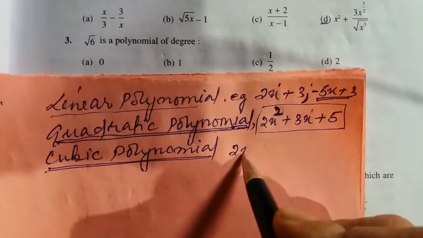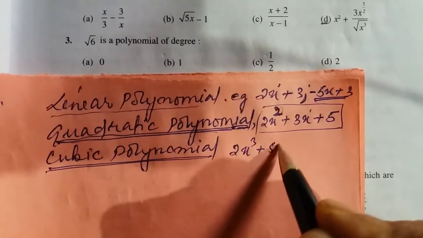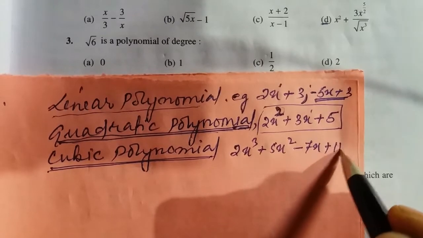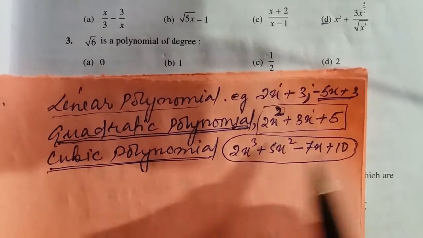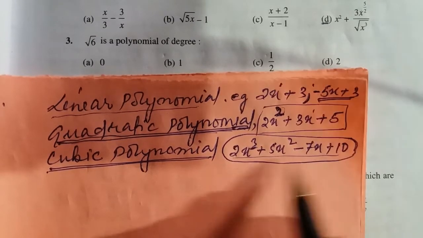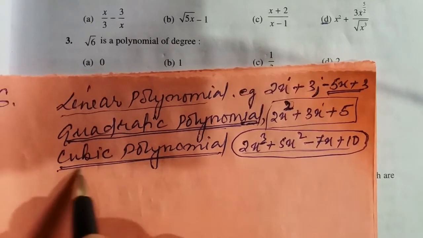Example: 2x cubed plus 5x square minus 7x plus 10. Here the highest power is 3, so the degree is 3. Such polynomials are known as cubic polynomials.